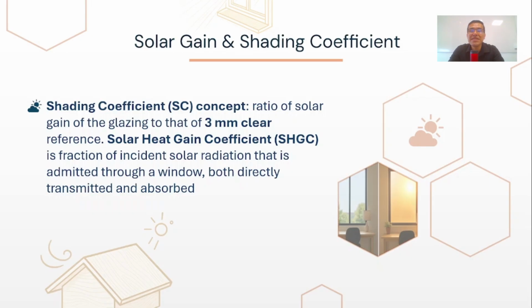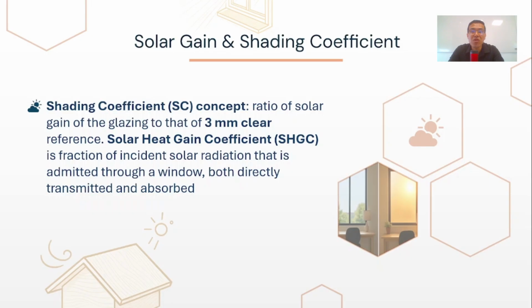A lower SC means less heat from the sun is getting inside, which is why a window with a special coating might have a value well below 1. Another important coefficient is the solar heat gain coefficient, SHGC. That is the fraction of incident solar radiation that is admitted through a window, both directly transmitted and absorbed and subsequently released inward.